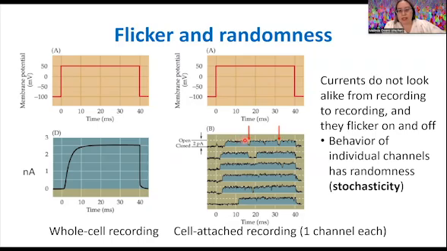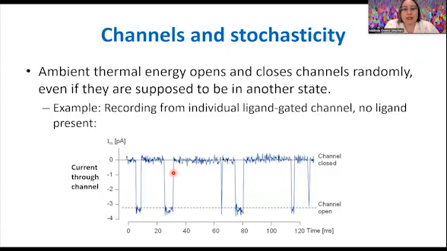It'll be on and then it'll flicker off. It'll be on and then it'll flicker off. And you see this a lot from individual channels, that there's flicker and there's randomness. Where does that come from? Well, basically, it comes from the ambient thermal energy in water, like heat in the water, body temperature heat or even room temperature heat, which makes water molecules move around and jitter.